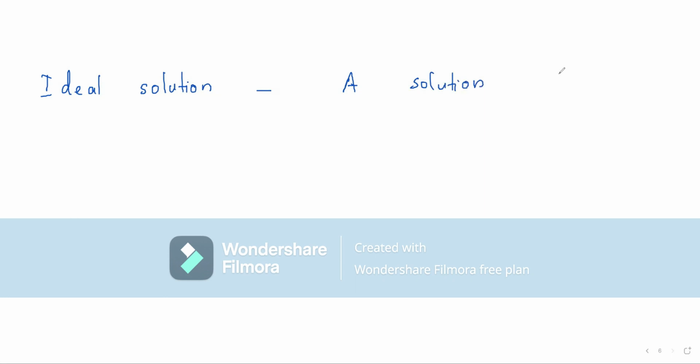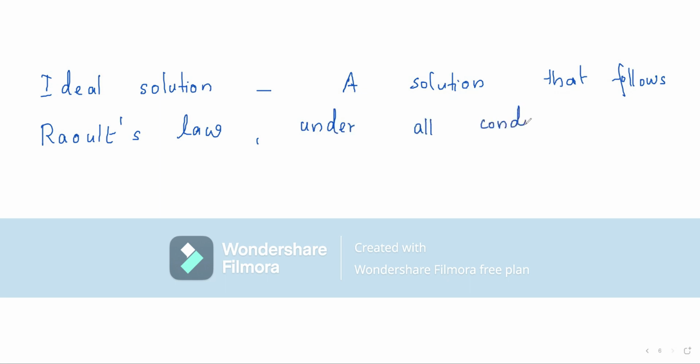A solution that follows Raoult's law, any solution that follows Raoult's law under all conditions of temperature and concentrations, is called an ideal solution.